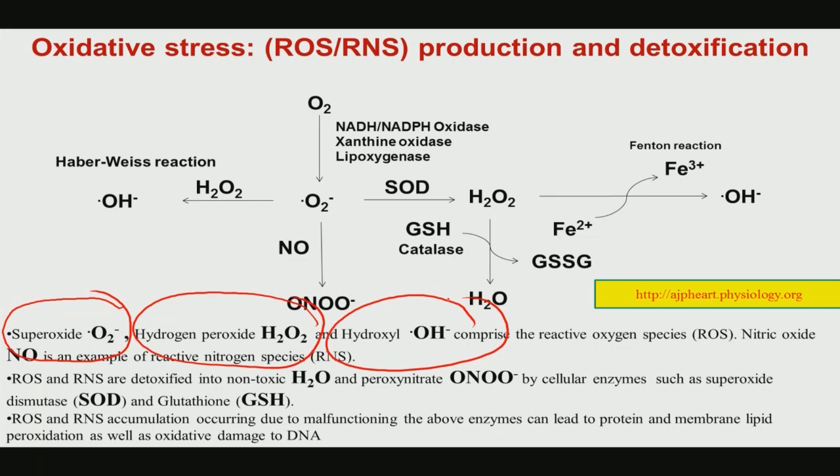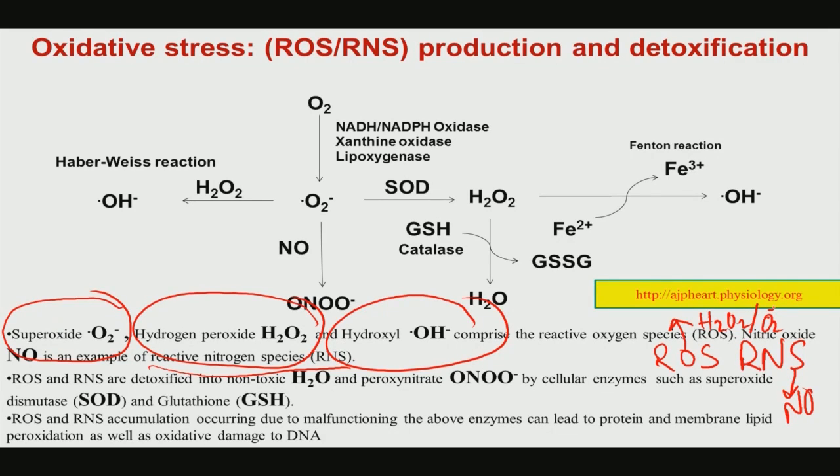These comprise the reactive oxygen species, and nitric oxide is an example of reactive nitrogen species. So, you have ROS, reactive oxygen species, and RNS, reactive nitrogen species. Reactive nitrogen species is nitric oxide, and ROS is essentially H2O2 or O2 superoxide and so on.